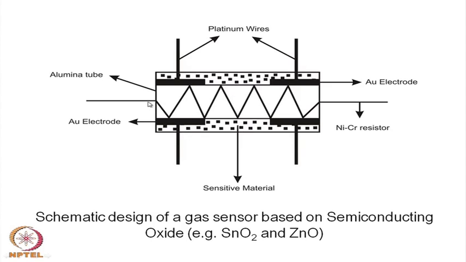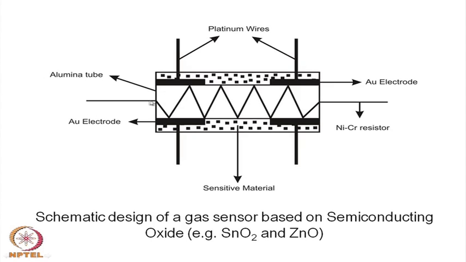The hollow part of the ceramic tube is used to house a small coil, nickel chromium or nichrome coil, which heats up, and the temperature of operation is normally above 150 and can go up to 300 degrees. So, you have to have a heater.